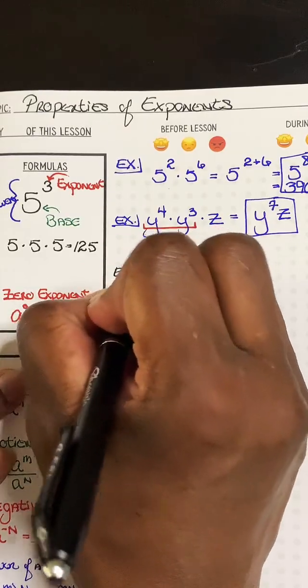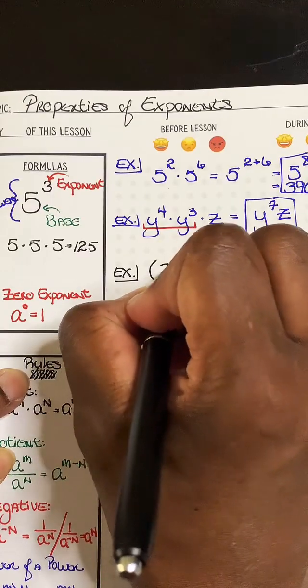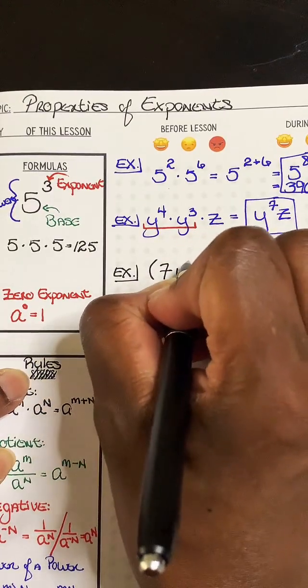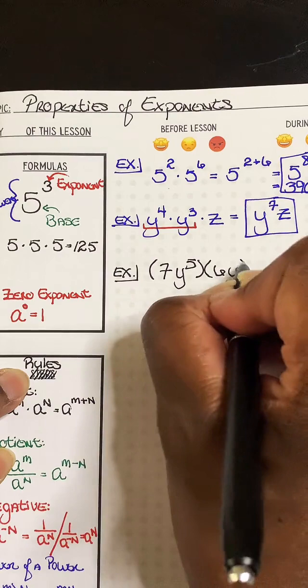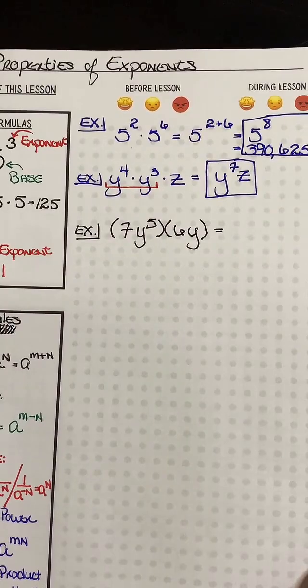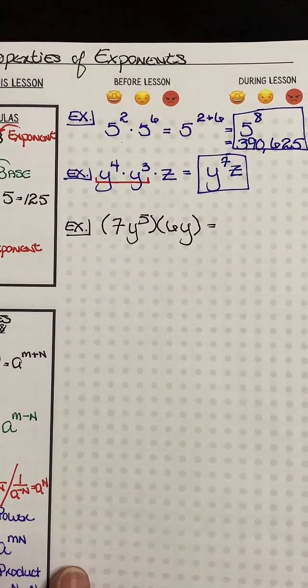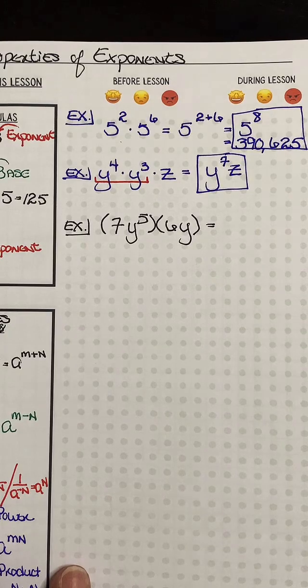For the next example, we have 7 y to the 5th times 6 y. What would that equal?